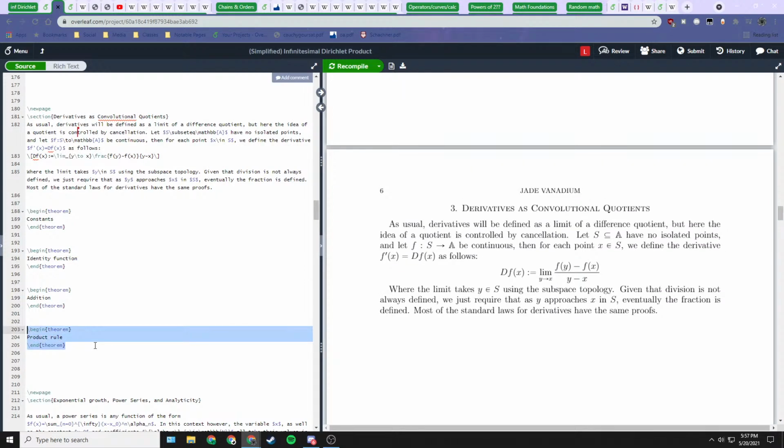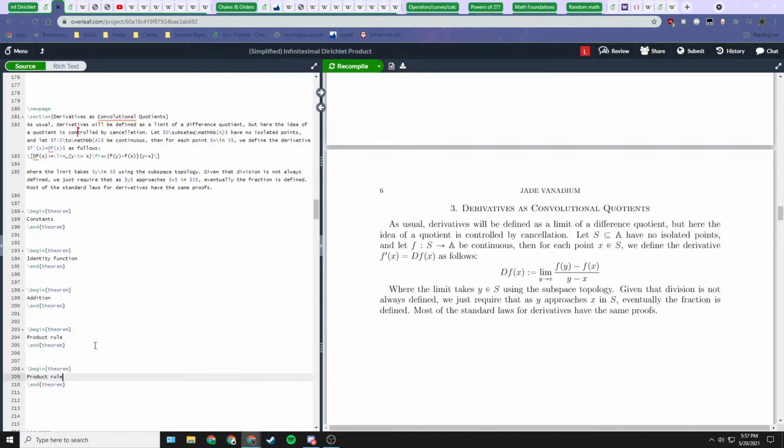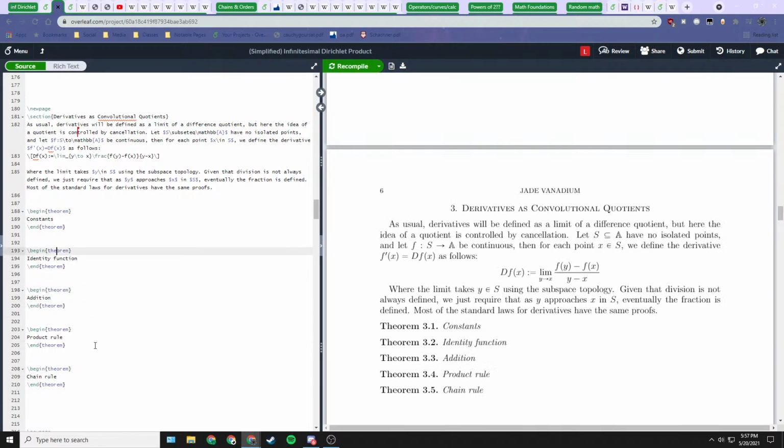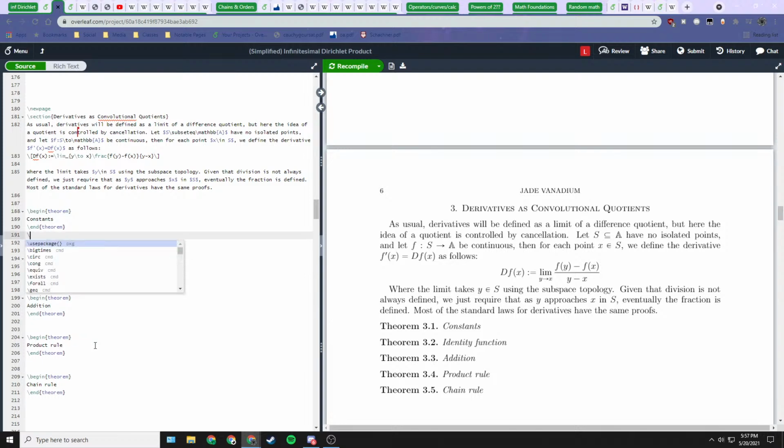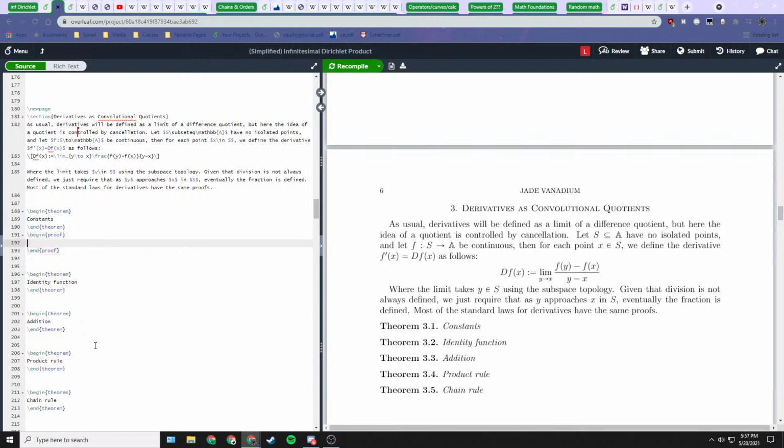We'll also want the chain rule. Each of these will have their own theorems, and they will require proofs. I'll just set all these up real quick.